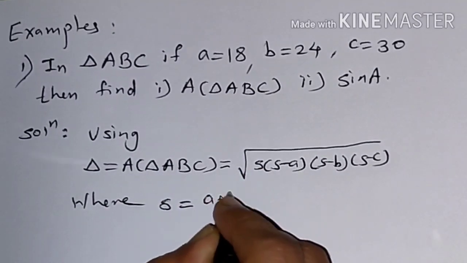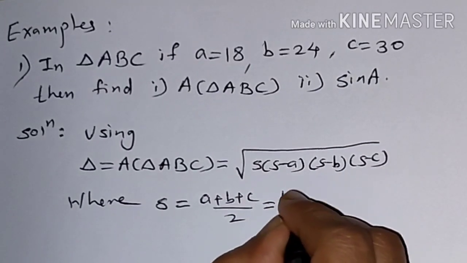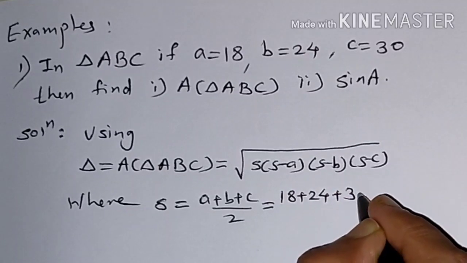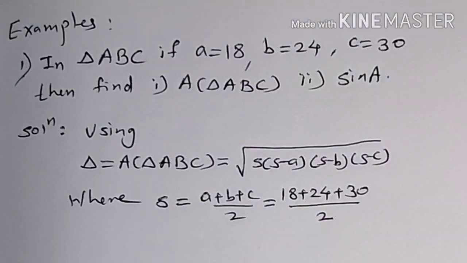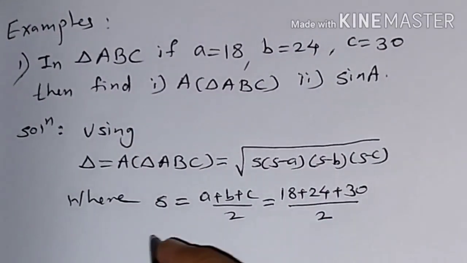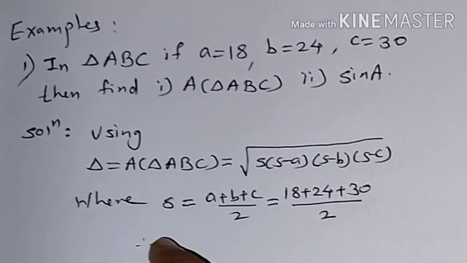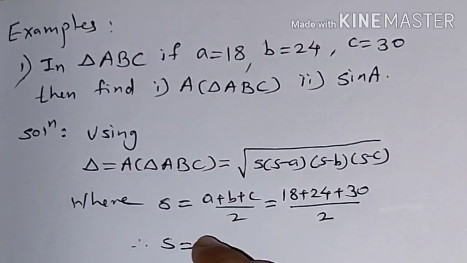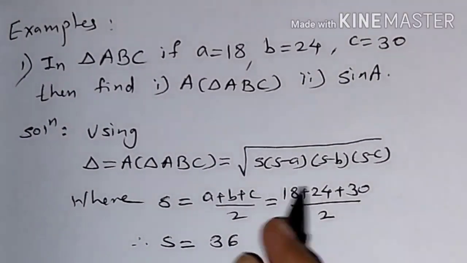So s is equal to a plus b plus c upon 2. In this case it will be 18 plus 24 plus 30 divided by 2. Therefore, we get s is equal to 72 by 2, that is 36 units.